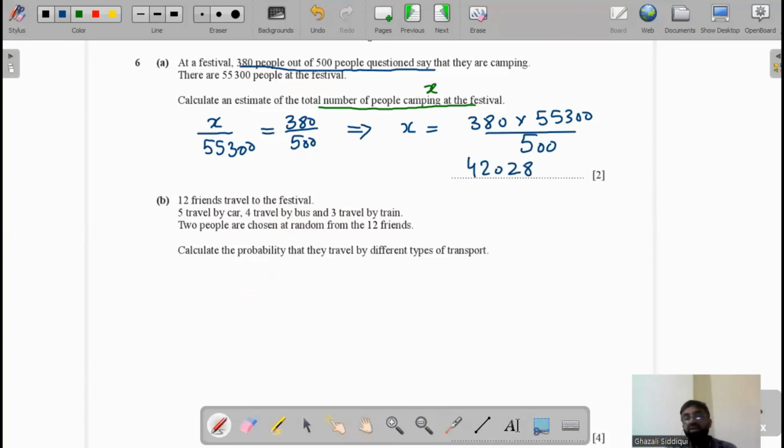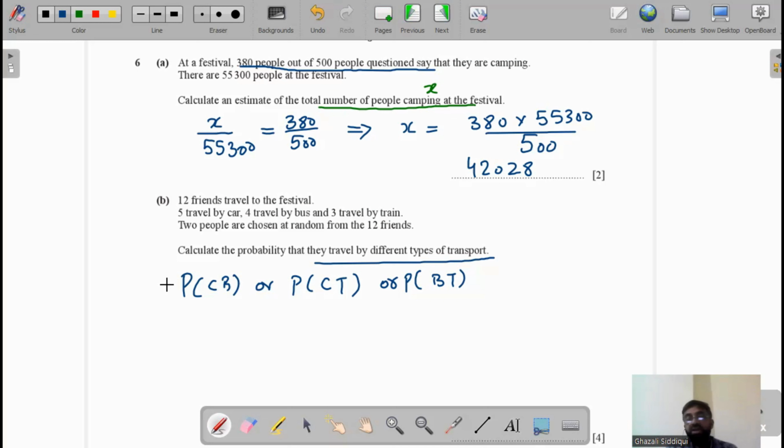Now, with different types of transport, we see that this is the probability of car by bus, or probability of car by train, or probability of bus by train.